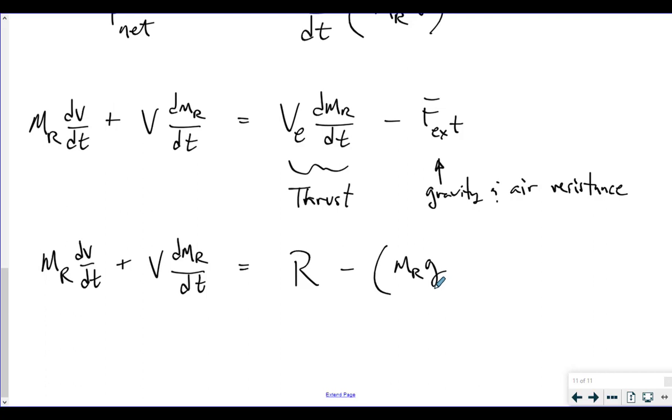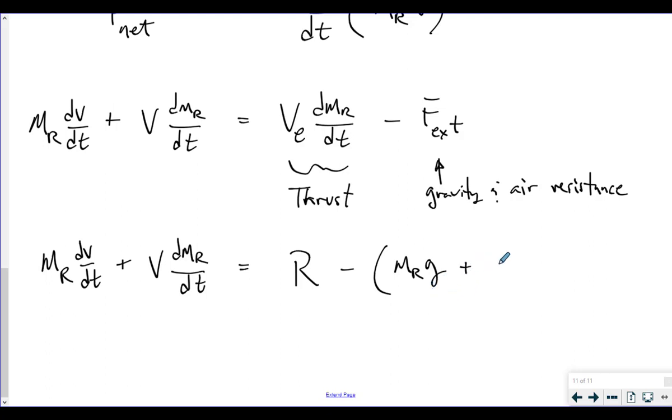It isn't constant in a multi-stage or any rocket that's going into orbit. There's going to be a significant change in that gravitational value, the acceleration due to gravity and the force as well. But that g isn't necessarily constant, so we'll have to keep that in mind.